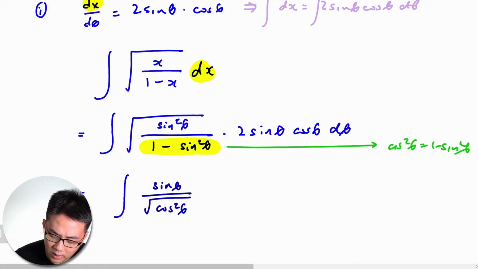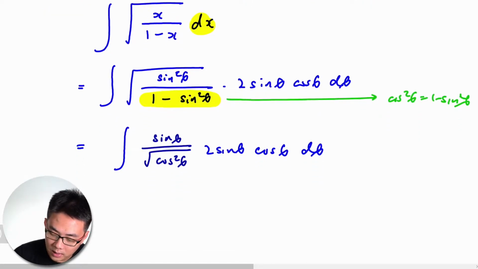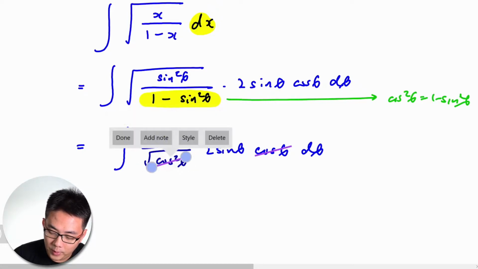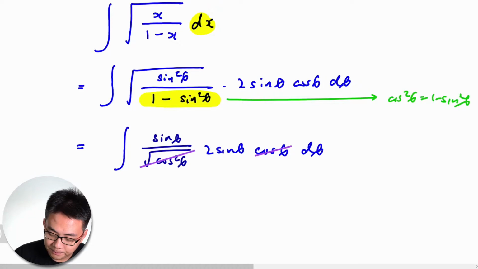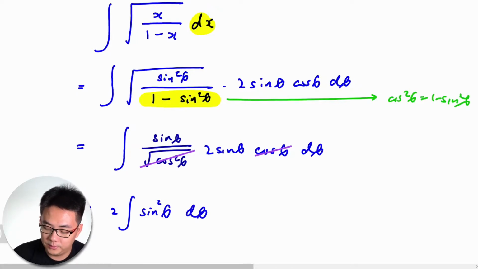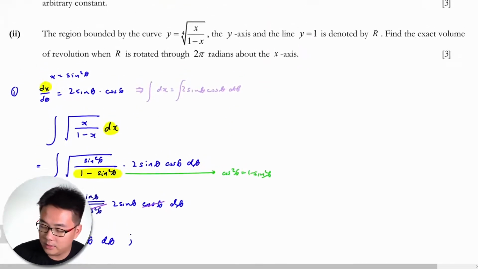Once we're done with that, this will be 2 sine theta cosine square theta d theta. You realize that this could cancel with this; after you open the root, it could be cancelled. This would be simplified to a very simple form, which is sine square theta.